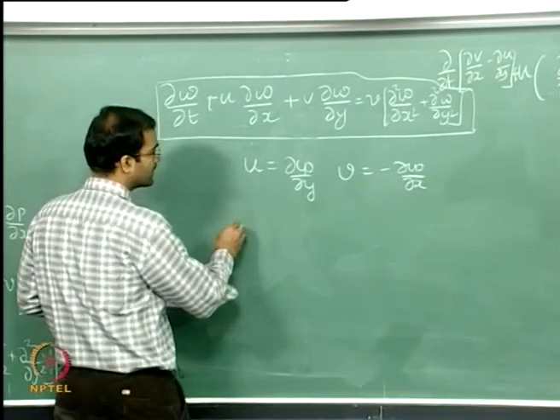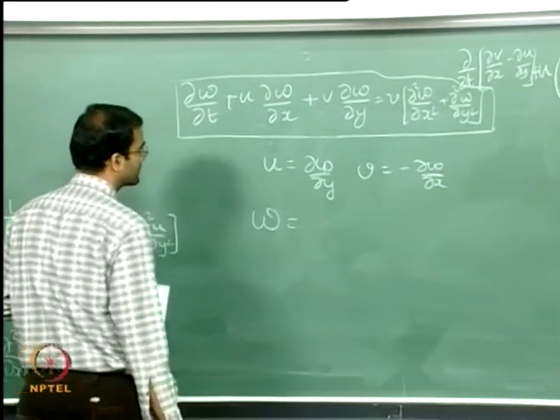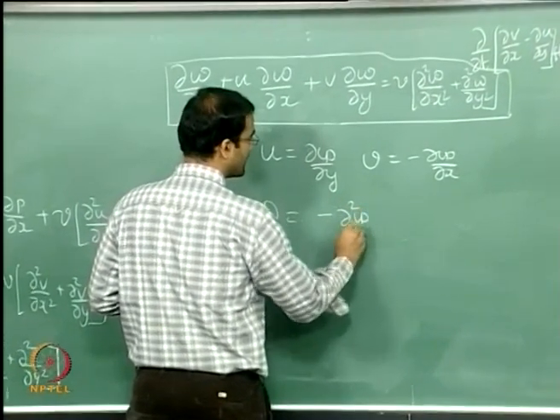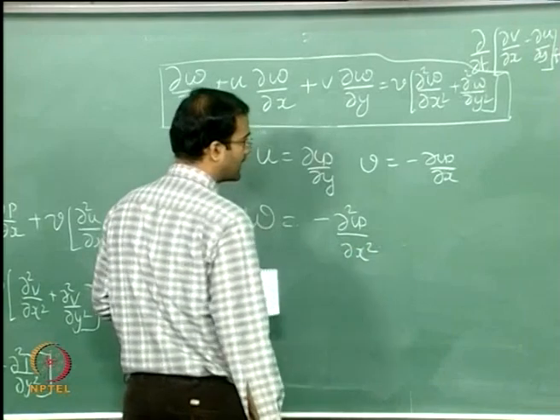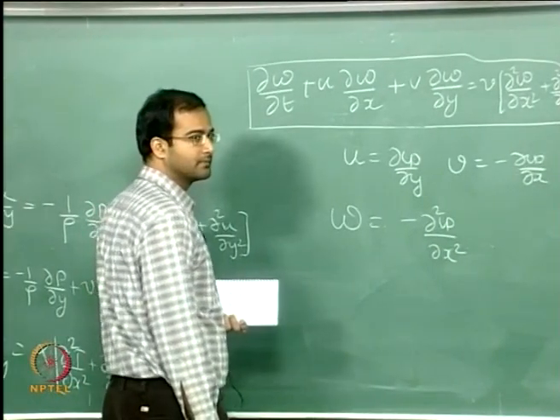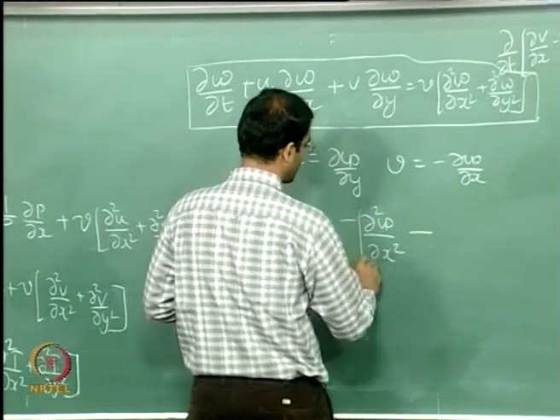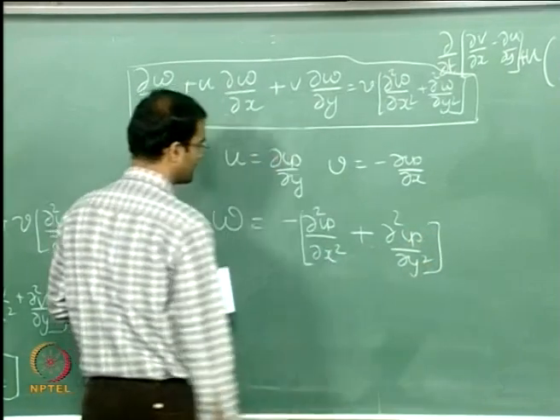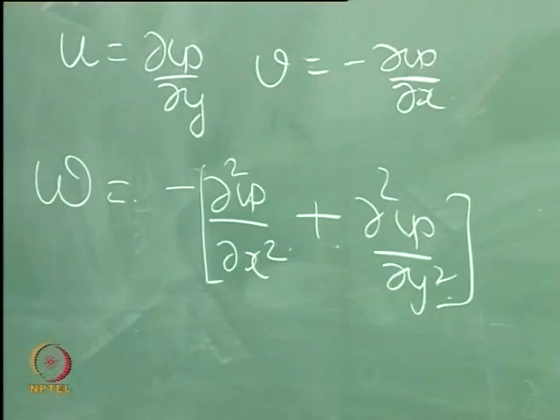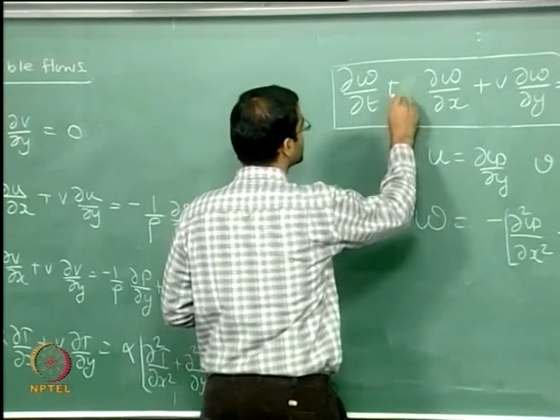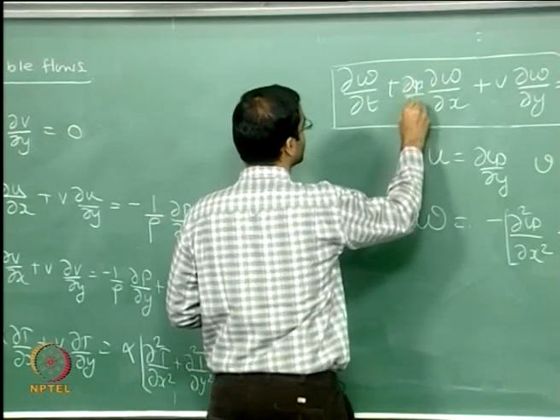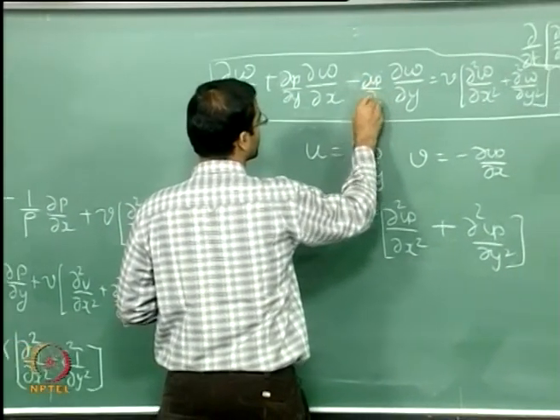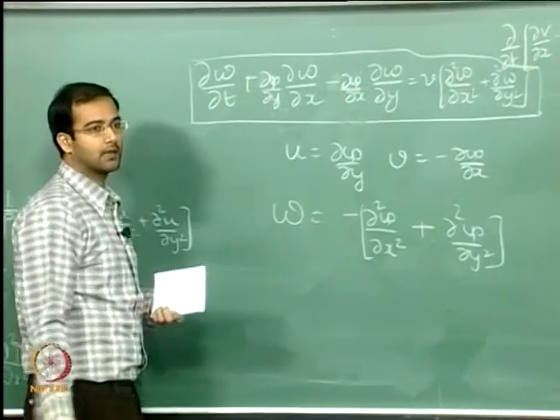So your omega will be, so if I take dv by dx, this is minus d square psi by dx square, and du by dy minus, so minus of d square psi by, right. So you can now substitute this in terms of the stream function, therefore you have eliminated the velocities, okay.